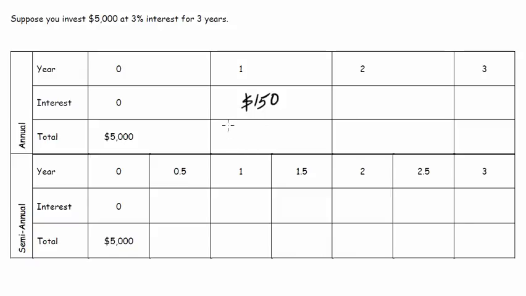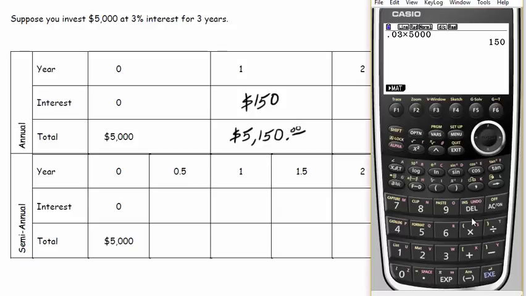Okay, so if I add that back to the 5,000 I had, that would be $5,150. Now the next year I get 3% here. So I'm going to multiply this by 3%, and we get $154.50.